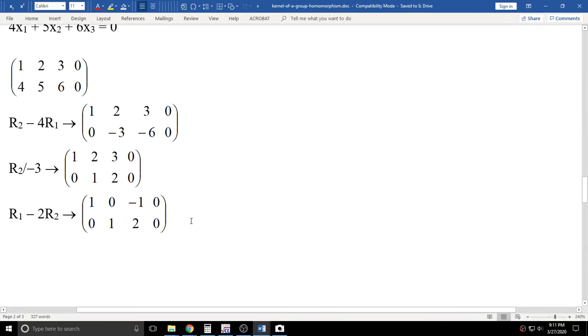At this point, we have achieved our goal. We wanted our matrix to be reduced into a reduced row echelon form matrix.